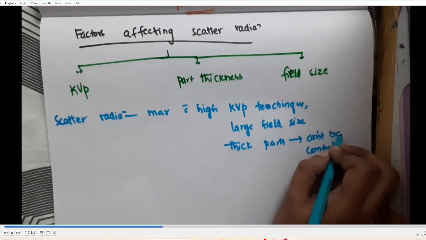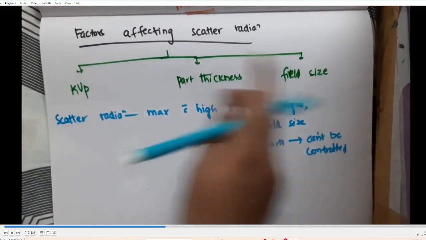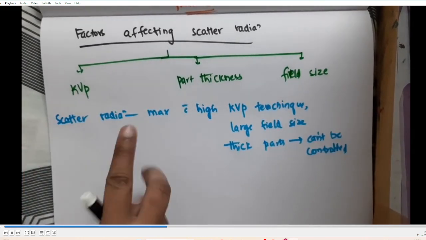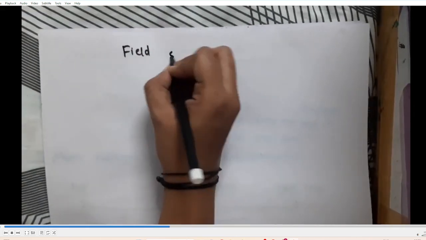We rarely have control over part thickness, and frequently we must use a large field size. So the only variable we can control is kVp. But even here we have less control than we would like, because patient dose increases sharply with low kVp.